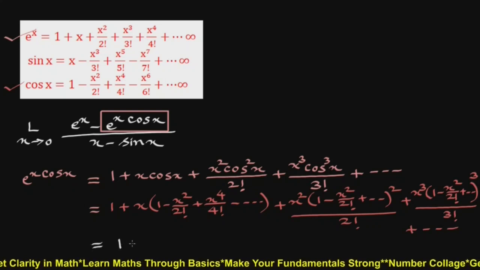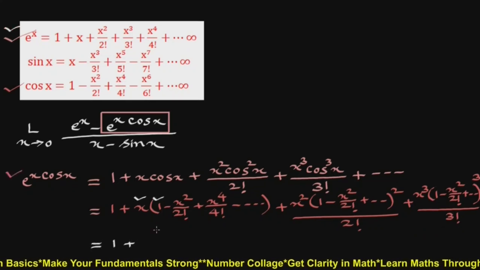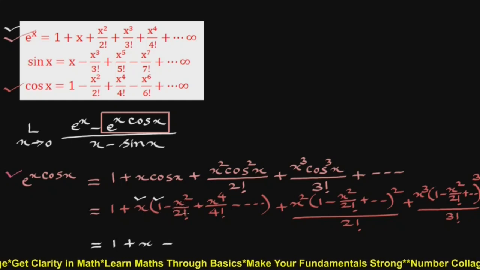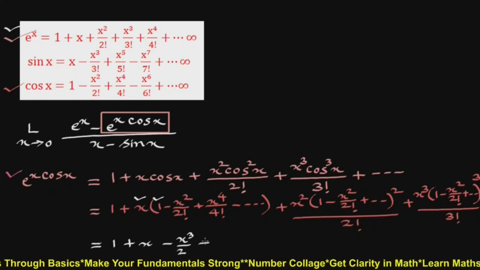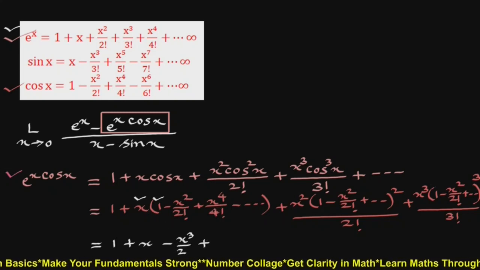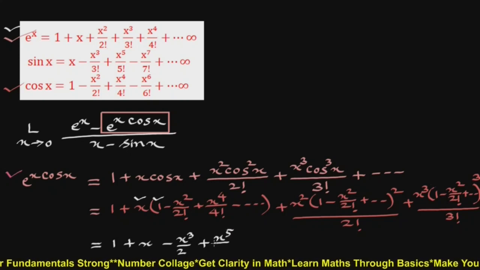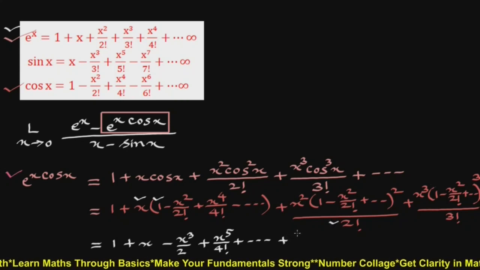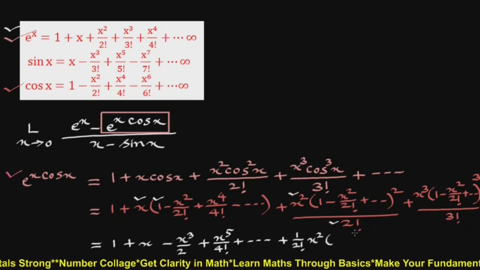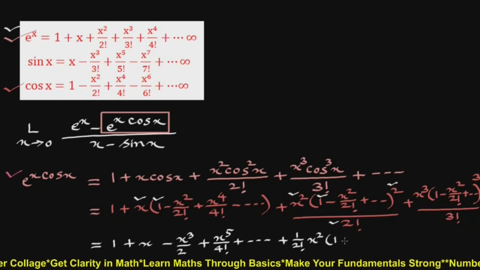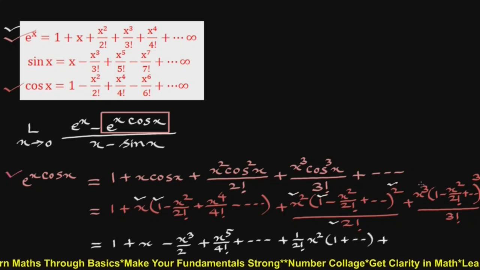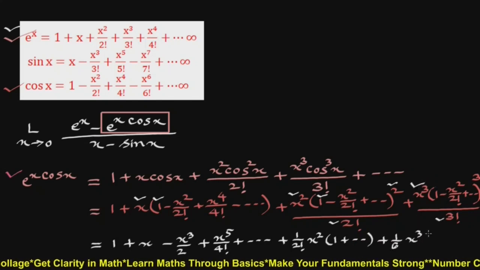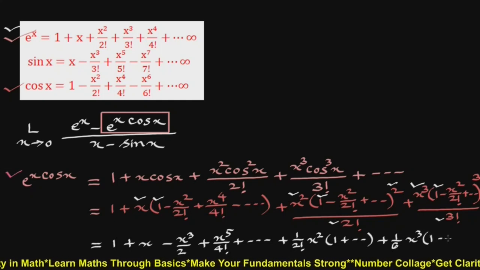That will be 1 plus x into 1, x minus x into minus x square upon 2 factorial, x cube upon 2, plus x into x raised to 4 upon 4 factorial, x raised to 5 upon 4 factorial, plus so on and so forth, plus this 1 upon 2 factorial x square into this 1 square, 1 plus so on and so forth, plus this 1 upon 3 factorial, which is 1 upon 6, this x cube into this 1 cube is 1, minus so on and so forth.